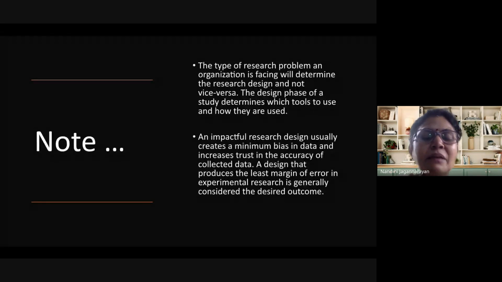I said I need this much time for data collection, this much time for analysis, and I am going to find out how accurate the result is.